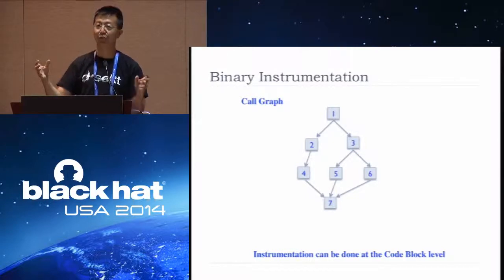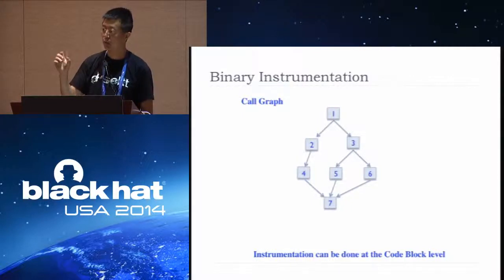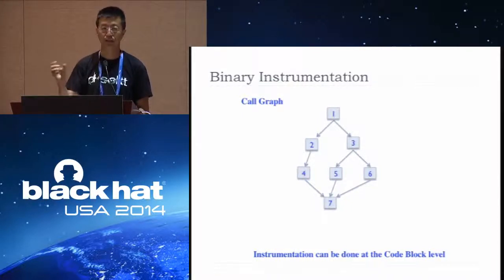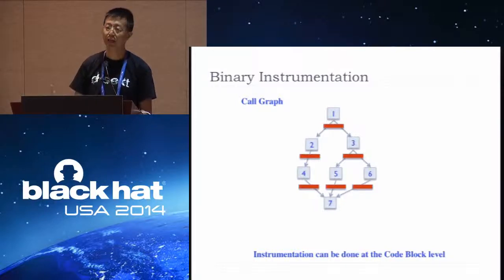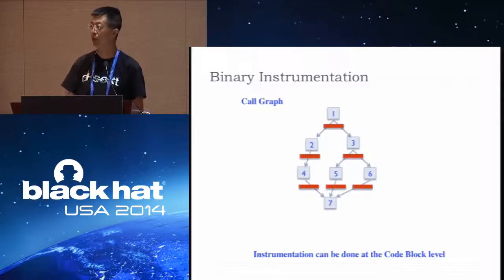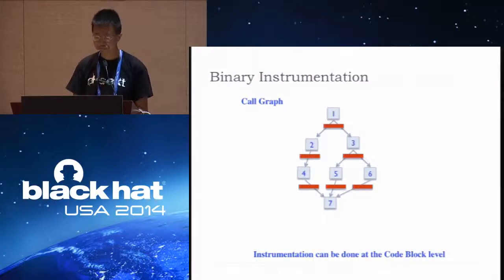IDA generates this graph, and each block is a piece of code, usually without a branch in it. Based on the execution, it can go to different code blocks. To observe code behavior, you usually just need to instrument the end of each code block. This is enough to know how the program executes.